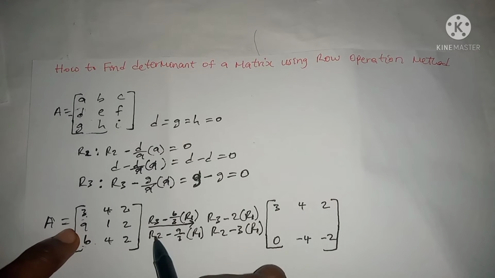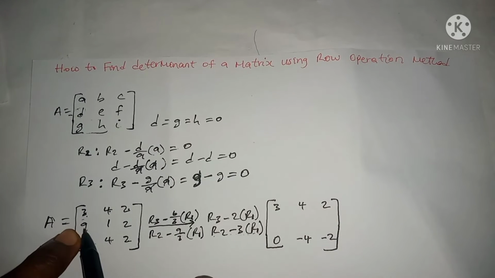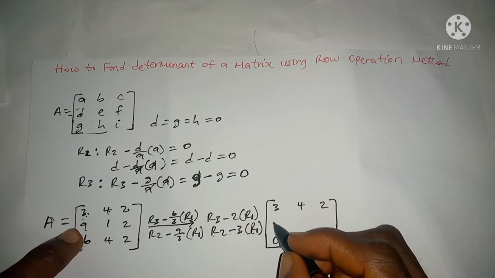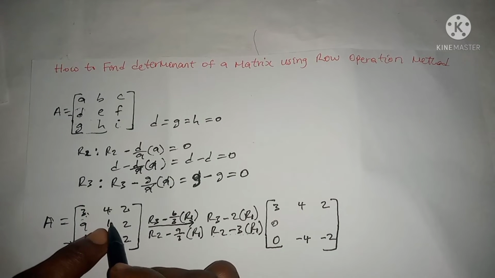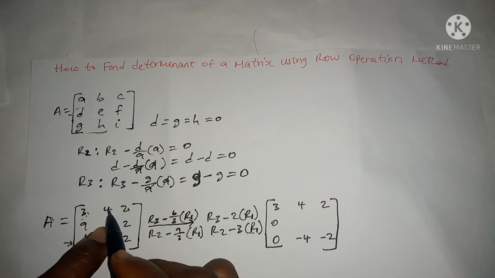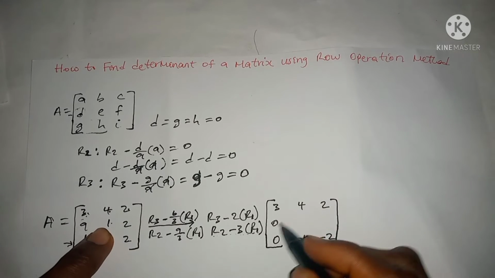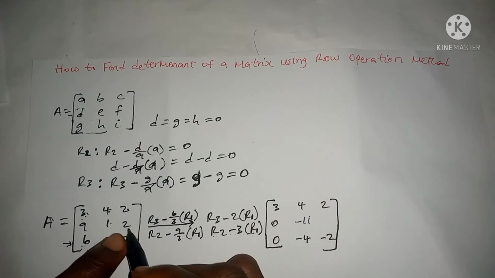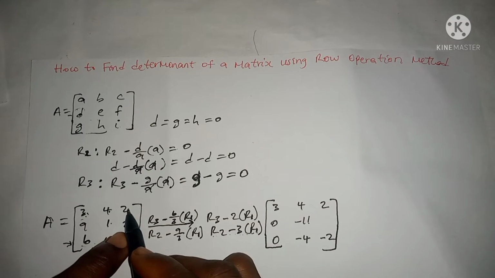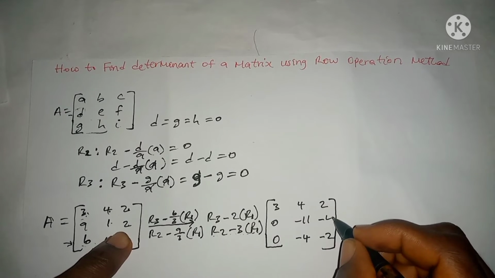Now for this row 2, using this one now, 9 minus 3 times 3 is 9 minus 9. It's going to give us 0. Now 1 minus 3 times 4, which is 1 minus 12, is going to give us minus 11. Then 2 minus 3 times 2, which is 2 minus 6, we are going to get minus 4.